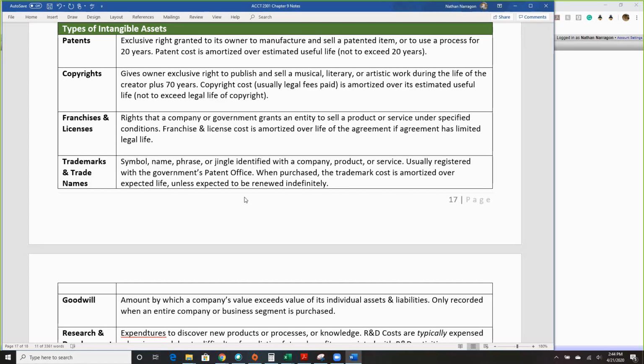And again, these are going to be registered with the patent office. And again, this one is usually not always amortized due to the fact that some companies are going to renew these trademarks indefinitely. Now, if we know they're not going to renew it, then we would amortize it.